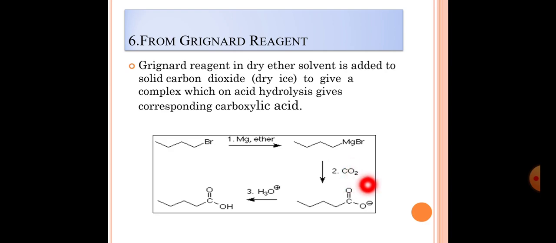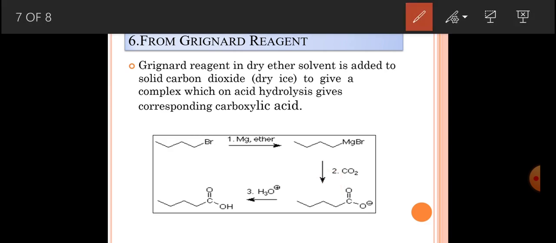ठीक है. So first this carboxylate ion is going to form. This is the R group. Students, see here the reaction.